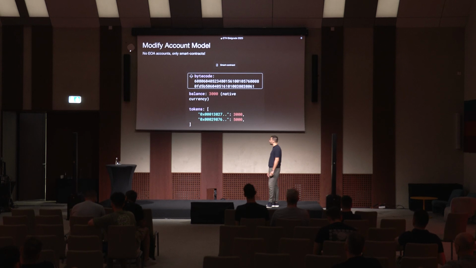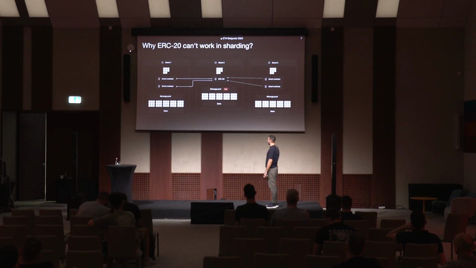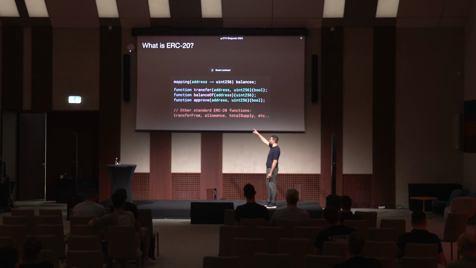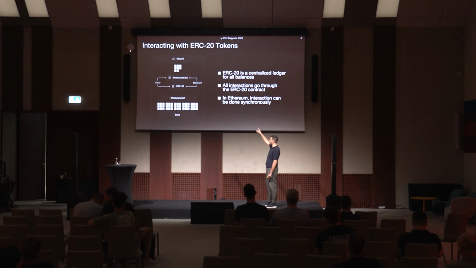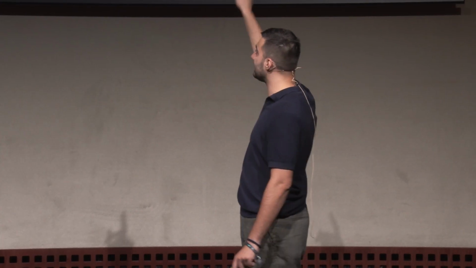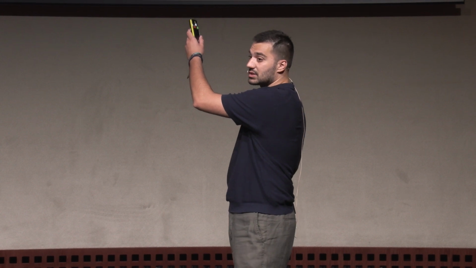So the point that I wanted to make is that when you have a standard ERC20, this ERC20 is basically keeping this mapping. And this means that if I want to do anything with my token in this ERC20, I need to send the message directly to the contract. In the new design that we proposed, you still have this currency contract, and we didn't name it ERC20, and the only responsibility of this contract is to mint, burn, and track total supply.